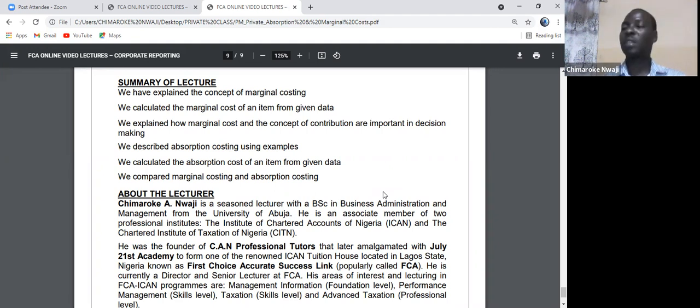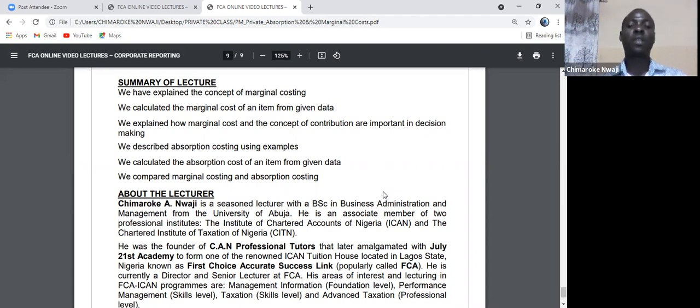We also looked at the calculation of absorption cost of an item from given data. We saw that in MC06. And we compared marginal costing and absorption costing. So you saw how we compared MC05 and MC06 to see what differences in profit existed. Given the same information using the two, we compared their style, we compared the profit, and we compared how the inventory is being valued.